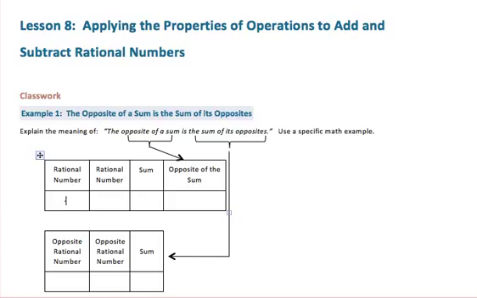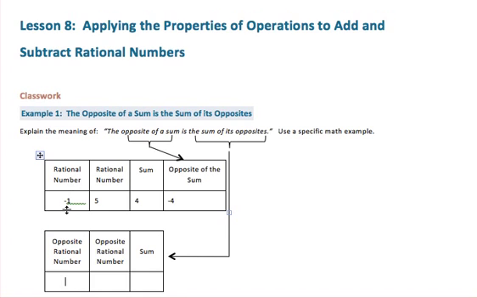We'll start with -1, and we'll add 5 to that, which will give us the sum of 4. The opposite of 4 is -4. So now we'll drop down, and we're going to write the opposite of these two rational numbers.